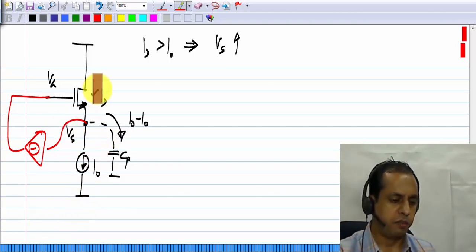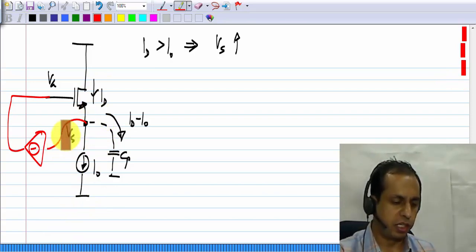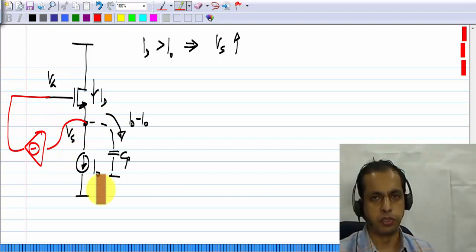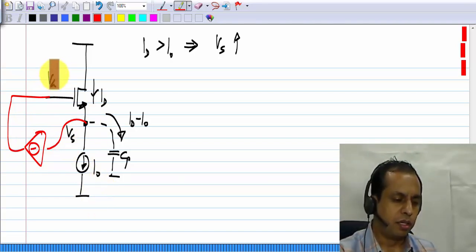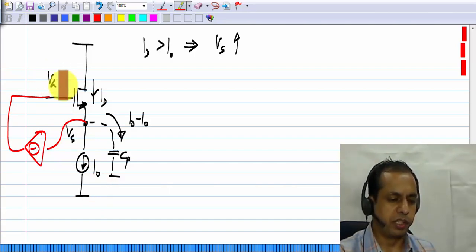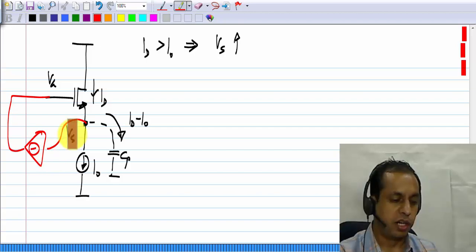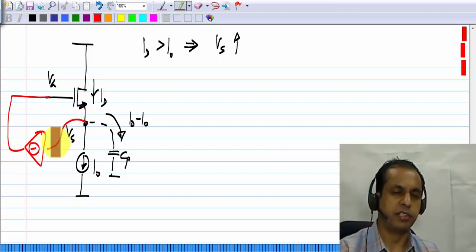Because if ID is more than I0, then Vs increases, and through this negative incremental gain, Vg reduces. So Vgs definitely reduces. But this is still a different case from the earlier case we discussed where the gate voltage was fixed, because now we are feeding back to both the gate and the source, and typically the feedback to the gate is much stronger. So it is useful to treat this as a special case.